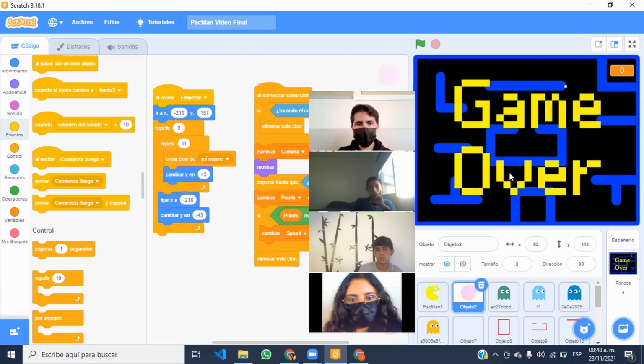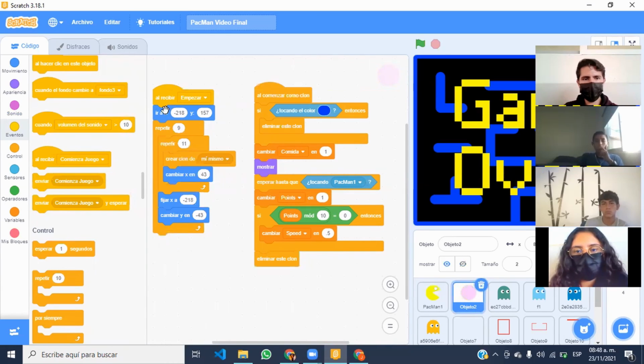Another object are the points that the Pac-Man has to eat. For example, in start, they're going to show in the game like a grid, in different patterns. And if they're touching a blue part, they're going to cancel themselves. We have different variables, like for example, comida or food, that is going to increase one by one to count the number of points that are on the screen.